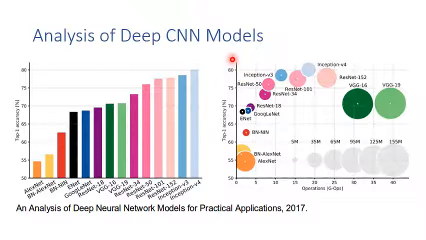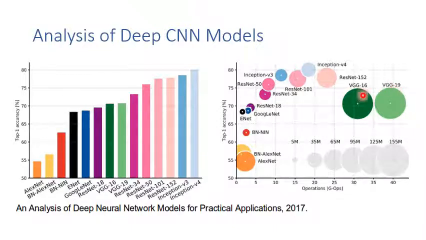And the figure on the right is very interesting. It shows the number of operations versus the top 1 accuracy. So here are circles for each model. The larger the circle, the more operations are required by the model.